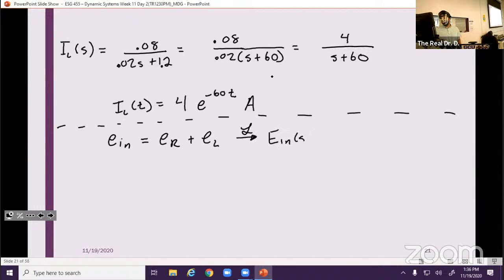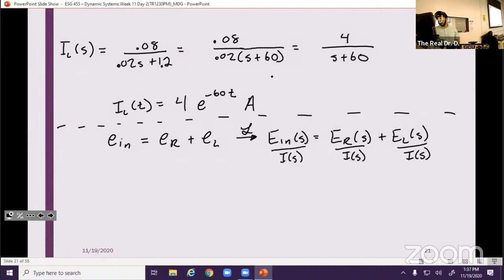So I'll get En of S is equal to ER of S plus EL of S. Now just imagine for a second that I divide both sides by the current. What do I get? And now I've got impedance.